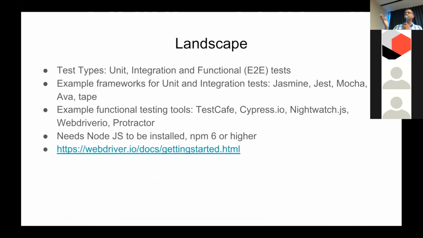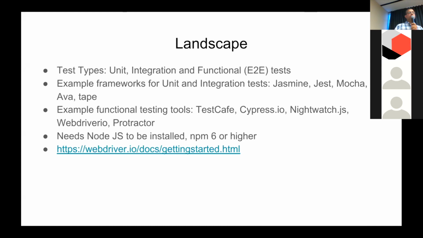And not only WebdriverIO, there are also other competitors like Nightwatch, TestCafe, and Cypress, and all that. But the most common and most famous frameworks out there are Nightwatch and WebdriverIO as far as browser automation is concerned, using Selenium driver.